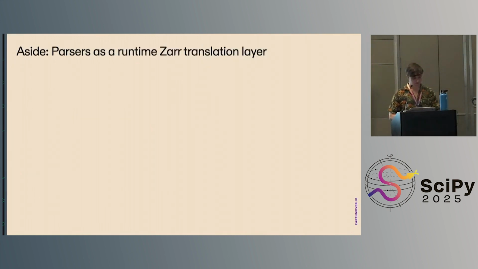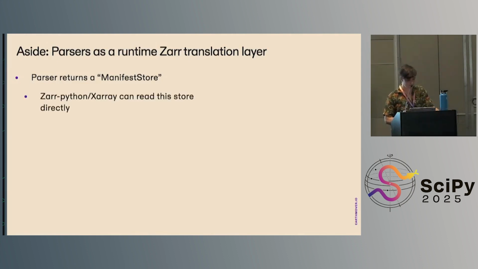The parser also enables something quite neat that wasn't possible in earlier versions of VirtualiZarr. Because the parser returns this manifest store class, and this manifest store is a valid zarr-python store class, it follows the zarr-python store ABC, then zarr-python or xarray can read this store directly.